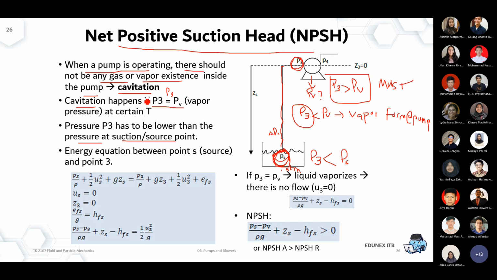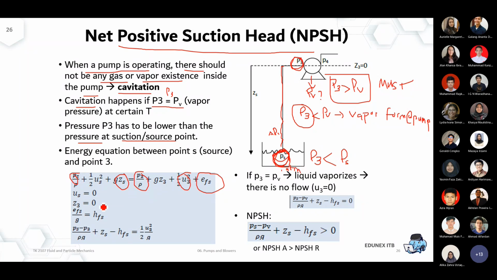So again, now you're working with another Bernoulli, but this Bernoulli compares the suction point and point 3. So Bernoulli is PS compared to P3, ZS compared to Z3, and then the EFS, the friction along the pipeline between the source and the entrance of the pump.